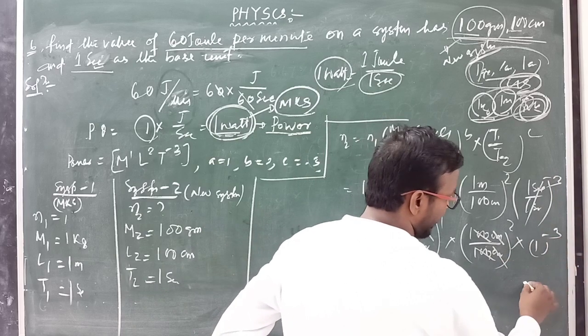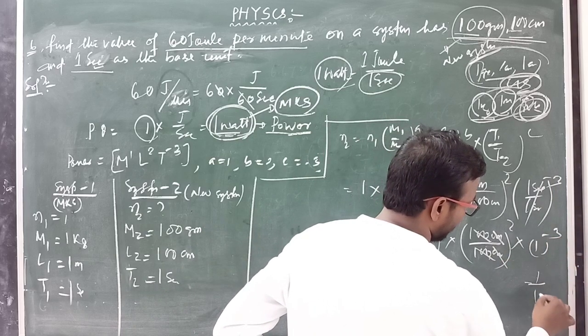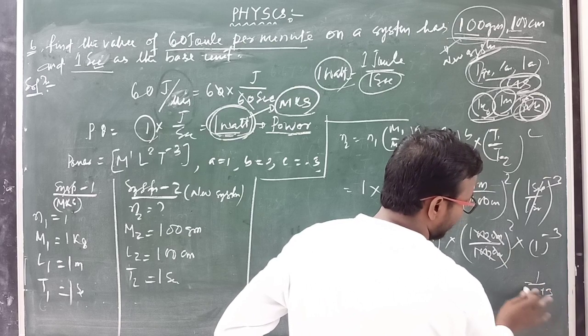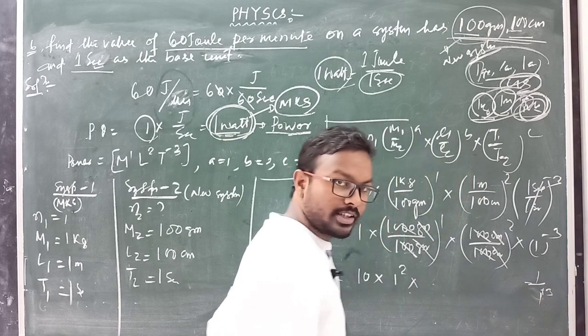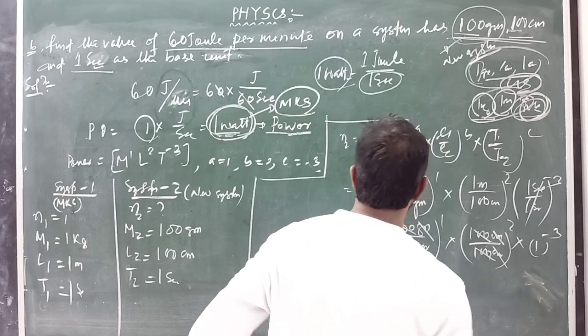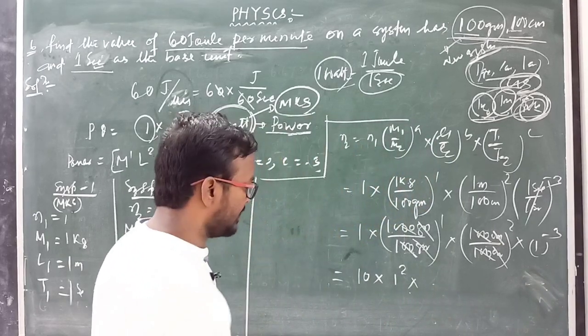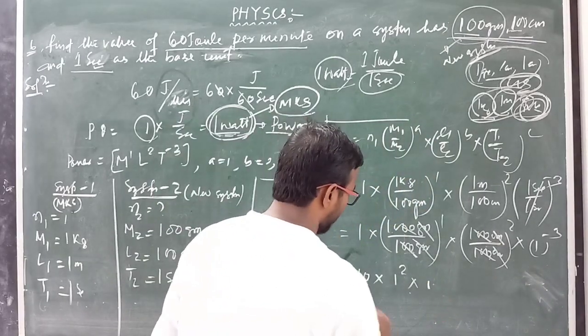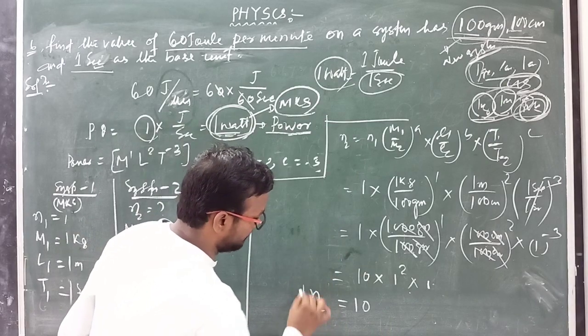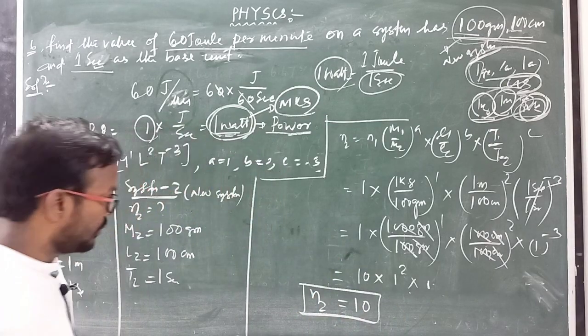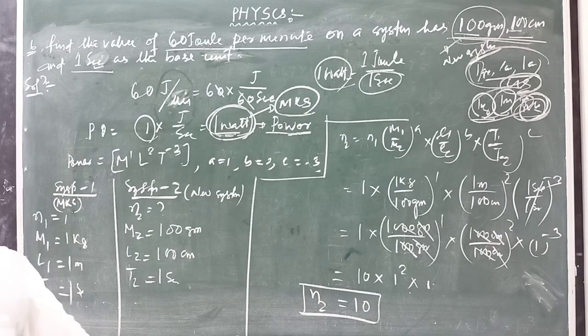Gram cancels, centimeter cancels, and 100 cancels, remaining 10. Then 1 squared and 1 to the power minus 3, which is positive. Actually a numerical value is never negative, so you write the positive sign here. So this is 1, and n2 equal to 10. Now we have to write this relation here.